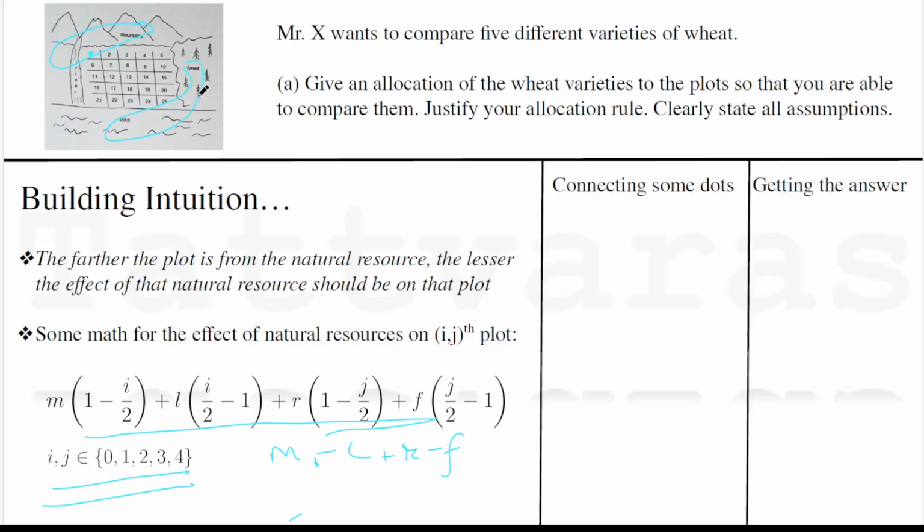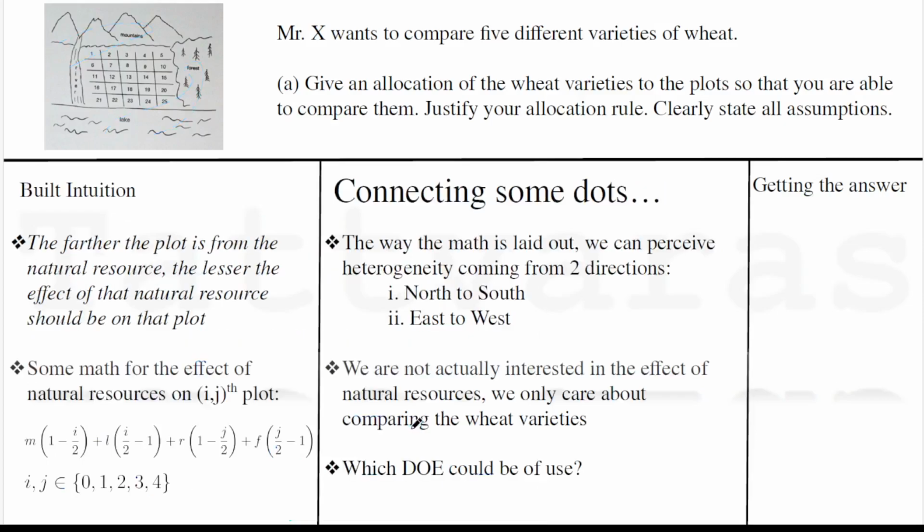And similarly, this indexing can give meaningful effect of natural resources for all the plots. And there's a reason for this indexing, because we'll see later, we could have had an indexing which could have just eliminated L and F altogether, but there's a subtle nuance to it that would come. Now we connect the dots. The way that we have this map, we see heterogeneity coming from two directions.